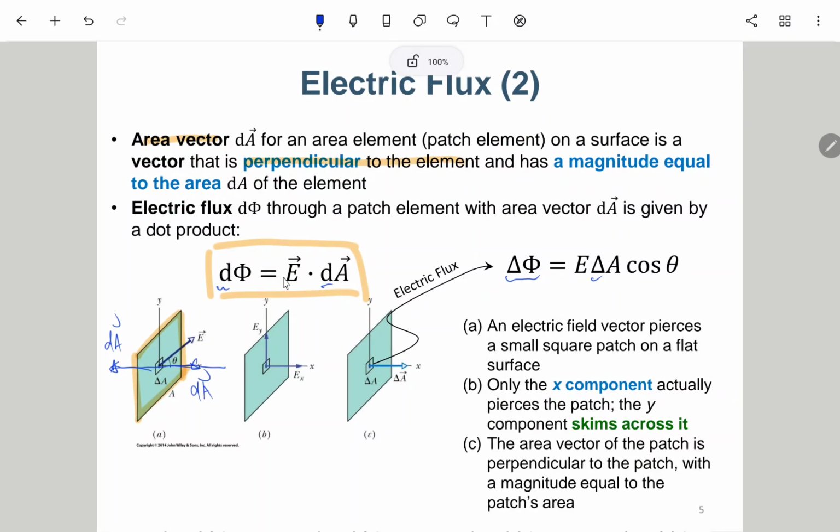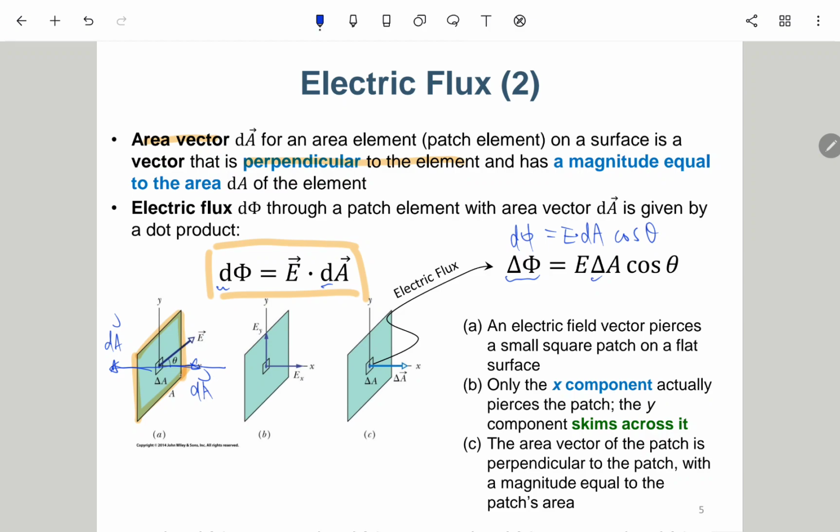So you can imagine when we would like to calculate this stuff, you can consider d phi equals E dot dA cosine of theta. Which means that the dot product is the product of the magnitude of the two vectors, multiplied by cosine of theta, where theta is the angle between the two vectors you need to dot.